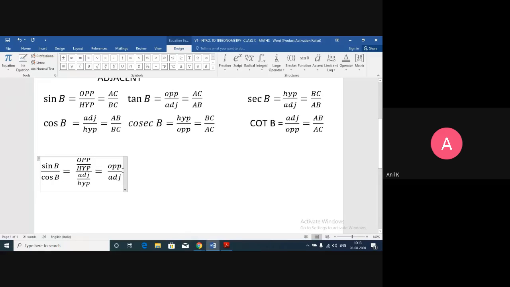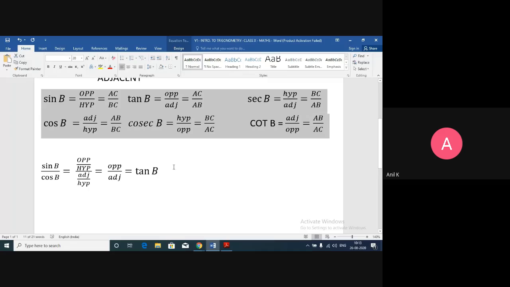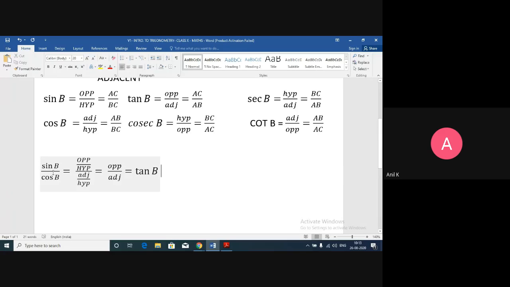So I can write here sin B upon cos B equals tan B. That is the first formula we have. These are all the definitions which we discussed here; everything is a definition. The first formula is sin B upon cos B equals tan B. So wherever I see sin upon cos, I can put it as tan.